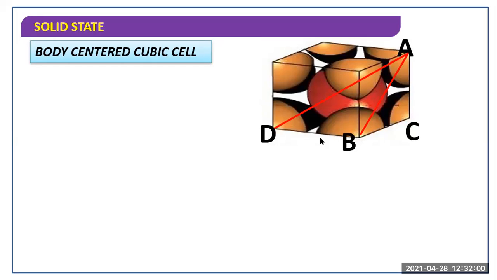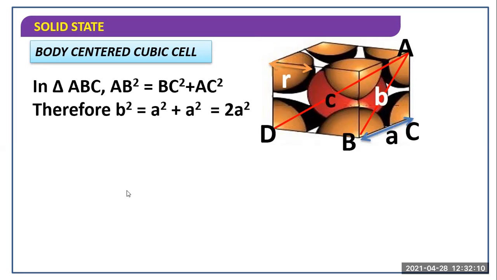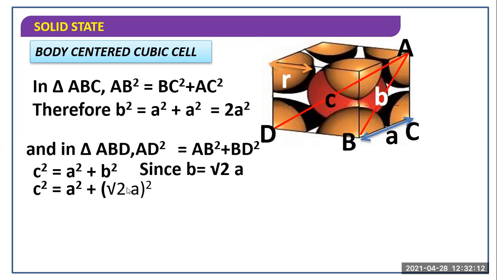D to B is A, B to A equals √2a, and A to D is √3a. Okay, this is the calculation.